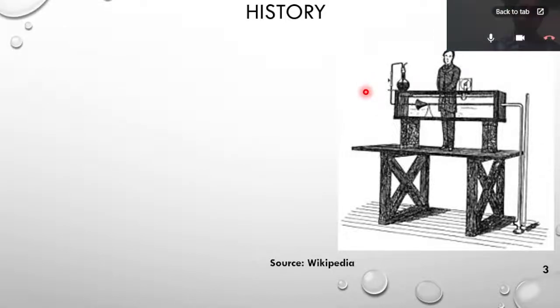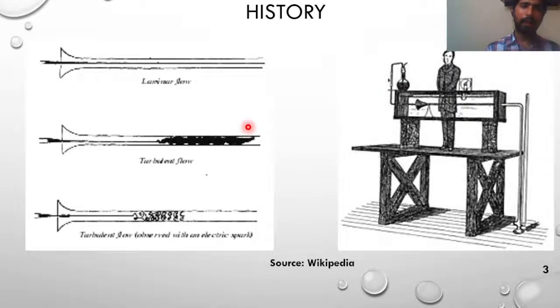One thing he did was vary the flow rate of the fluid inside the pipe. Also, he injected a dye at the center of the flow, and you can see through this instrument that the dye is being injected at the center of the tube.